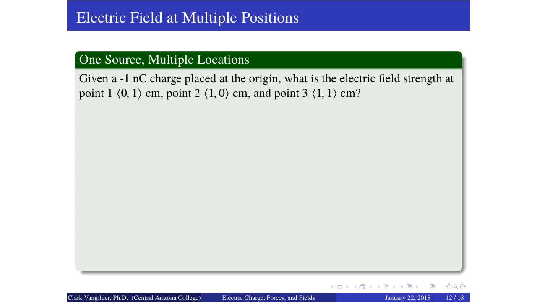So, a -1 nanocoulomb charge placed at the origin, meaning at 0, 0. What is the electric field strength at these 3 points?